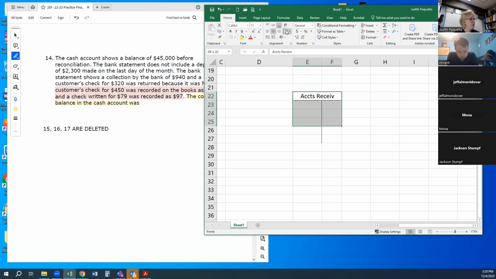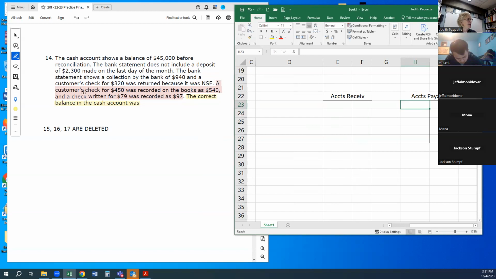And what do you think the other one's going to be for? Accounts payable. Okay. All right. So let's just think this through. And so, a customer's check for $450.